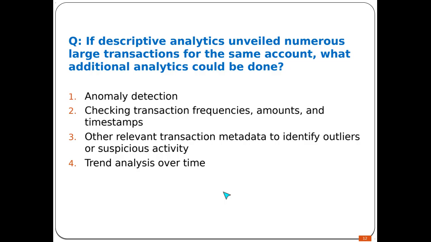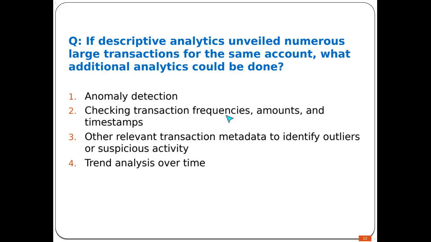So if we have, for example, a number of large transactions, which we know could be unusual, then what could we do to find out why it happened? We could do, for example, number one, anomaly detection. Anomaly, as we discussed in the previous class, is something that is abnormal, something that is not regular. So we could try to find what is abnormal about these transactions.